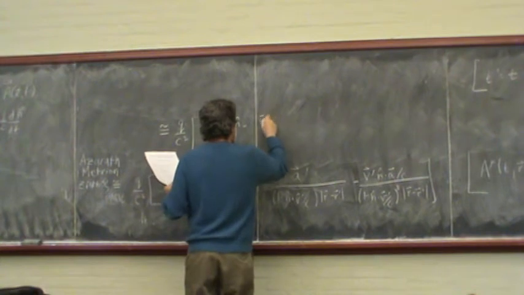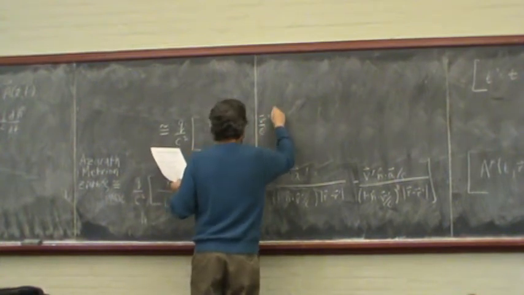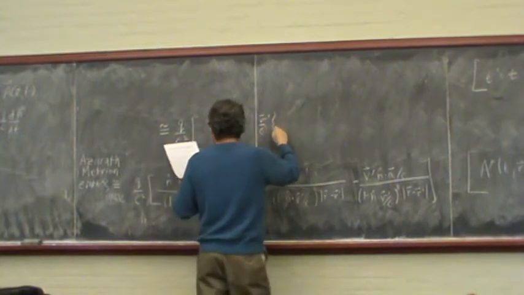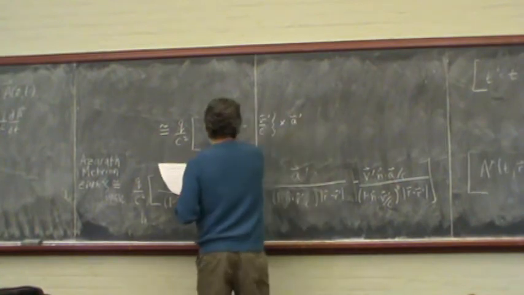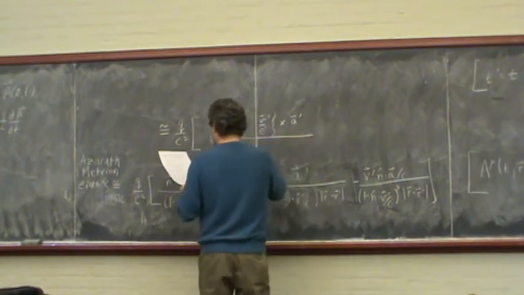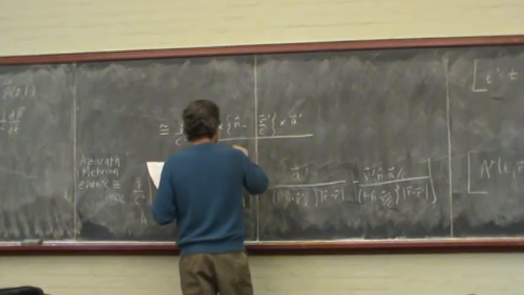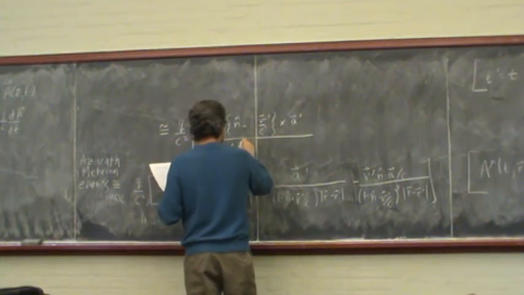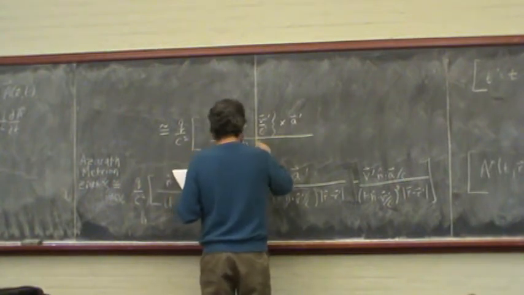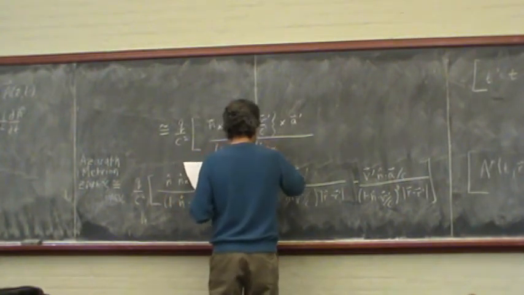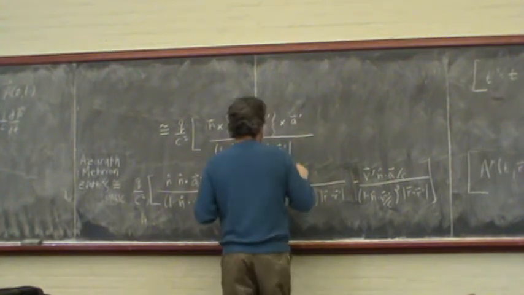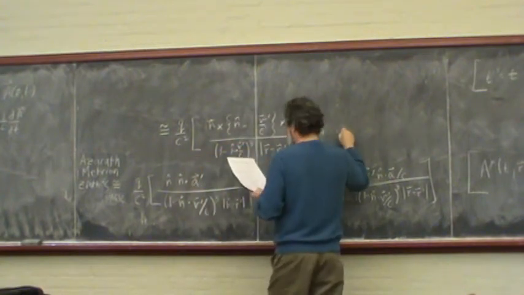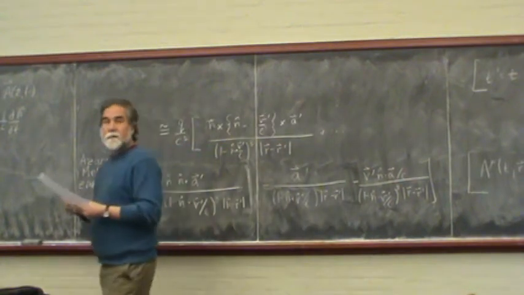Minus v prime over c cross a prime over, plus other terms, lower order terms.